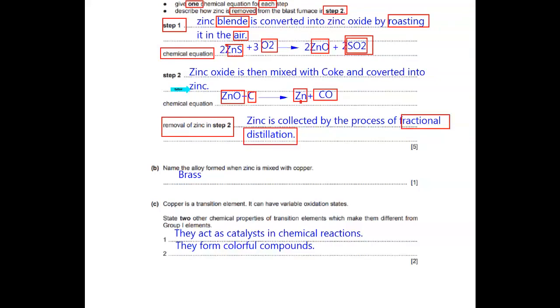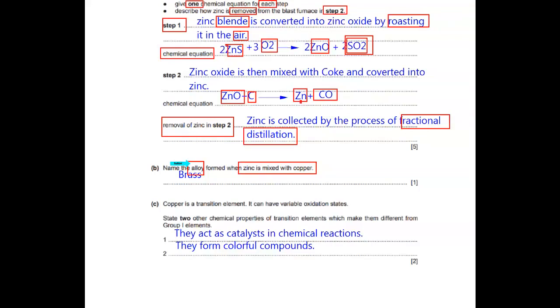Then in the next part, in B part, they ask you, name the alloy formed when zinc is mixed with copper. So first off, let's discuss what an alloy is. An alloy is basically a mixture of more than one element, okay? And it's basically made from the transition elements.